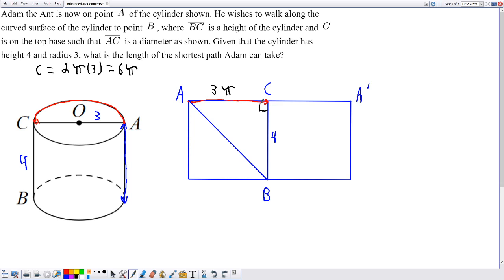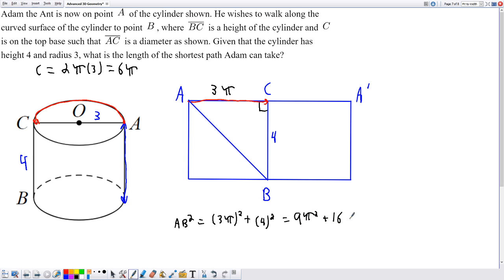And then we have another Pythagorean theorem problem, like we always do. So we have the hypotenuse squared, AB squared, is equal to the two side lengths, AC squared, so that's 3 pi squared, plus 4 squared, which would equal, well, 3 squared is 9, then we have pi squared, plus 16.